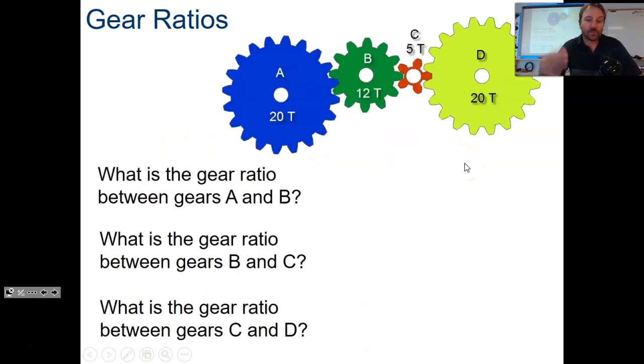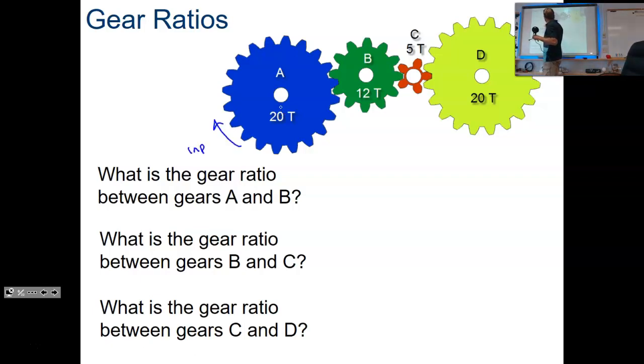So, for instance, it says, what is the gear ratio between gears A and B? So what we're going to assume is gear A is the input. So the gear ratio between gear A and gear B, and remember, it's out divided by the in.